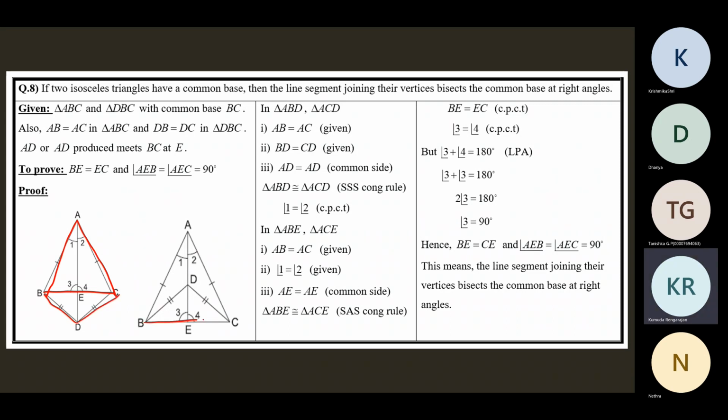Here also we have the common base BC. ABC is one isosceles triangle and DBC is the other isosceles triangle. So the difference is that in this figure, the two isosceles triangles ABC and DBC lie on the opposite sides of the common base BC.